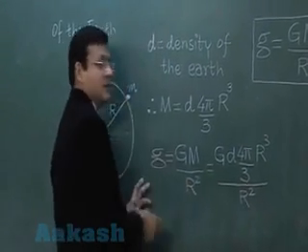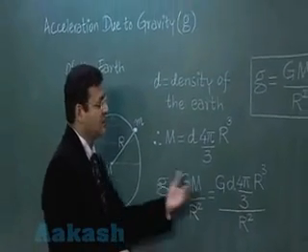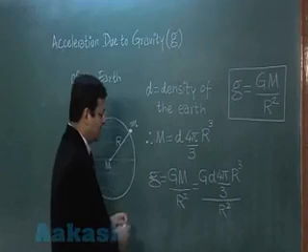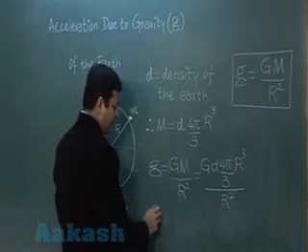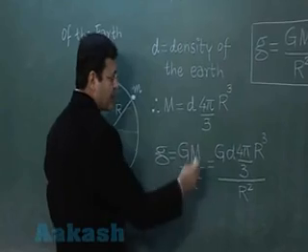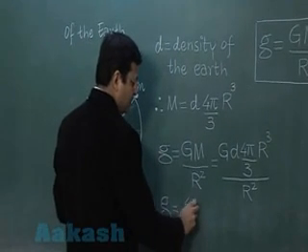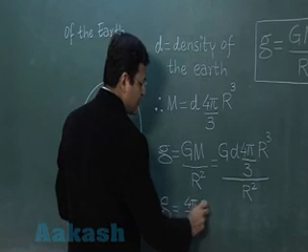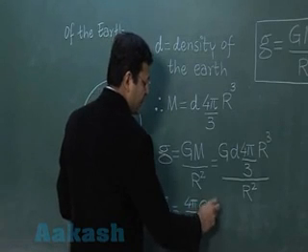You understand? The acceleration due to gravity in terms of density you are trying to express, it will be something like this. And finally, if you are writing the expression of acceleration due to gravity small g, then this will become 4 pi by 3 G D R.